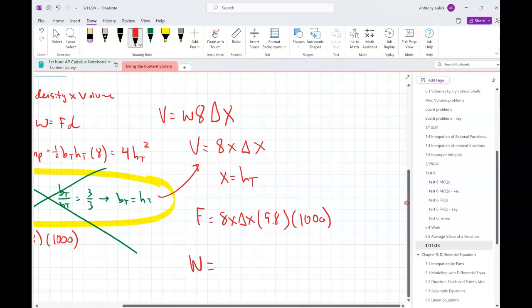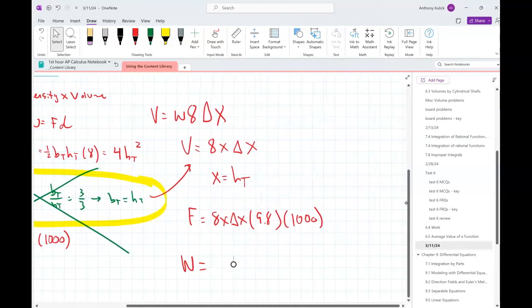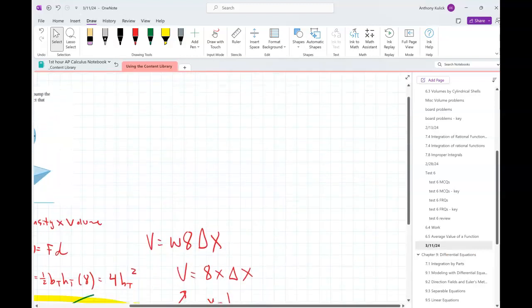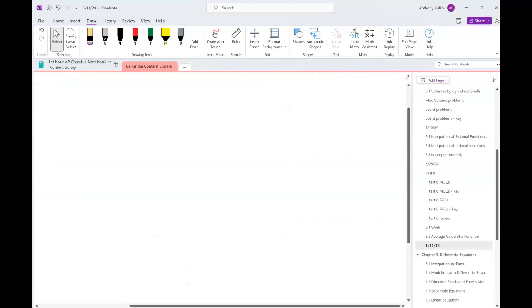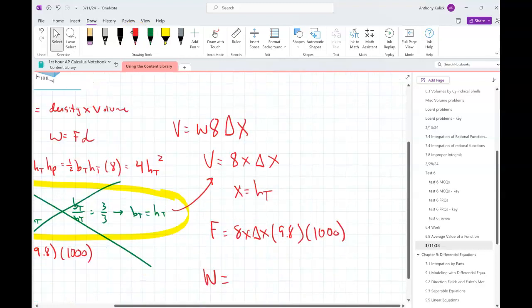And the work then that we need to do is going to be that force, and then the distance it's going to be traveling, which is going to be five minus x. Is that because it's total distance of 5, and then wherever the height of the triangle is, we're not pumping that because we're just pumping from the surface of it.